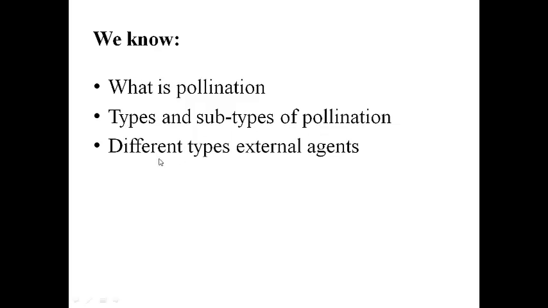We also know the different types of external agents, that is wind, water and insects, that help in transferring pollen grain. Overall, we knew that without external agents, pollination doesn't exist in plants.